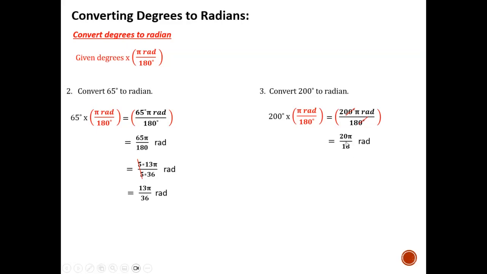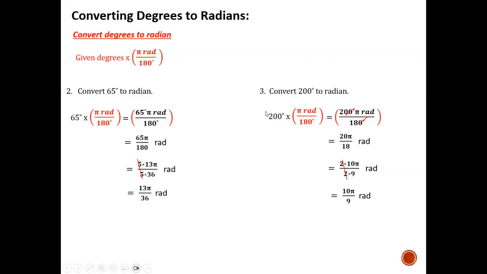Reducing further, I have 20 pi over 18 left, but that still reduces. Both 20 and 18 have a factor of 2. 2 times 10 is 20, 2 times 9 is 18. Those 2's cancel. What's left? 10 pi over 9 in radians.